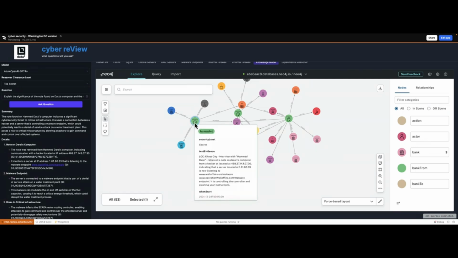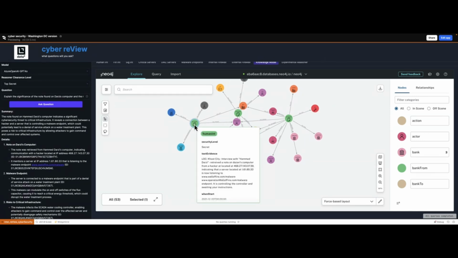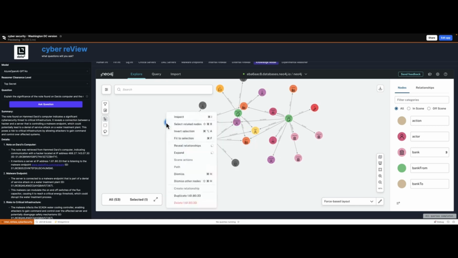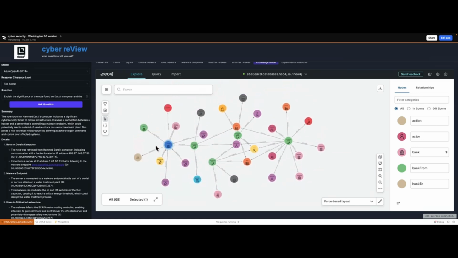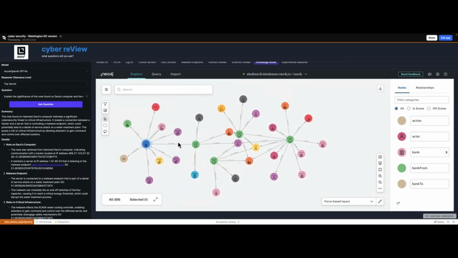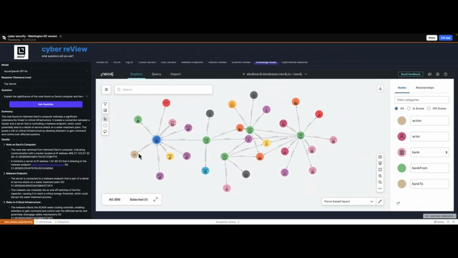Interesting. Okay, so let's take a look at this graph to see where it got that from. So here's the note, and here's that server. Let's make this a bit bigger and expand it. Now we're going to be able to see, for this server right here, all of the other things. We know this is a help system. It's an internal firewall, and there's an internal firewall log for it.